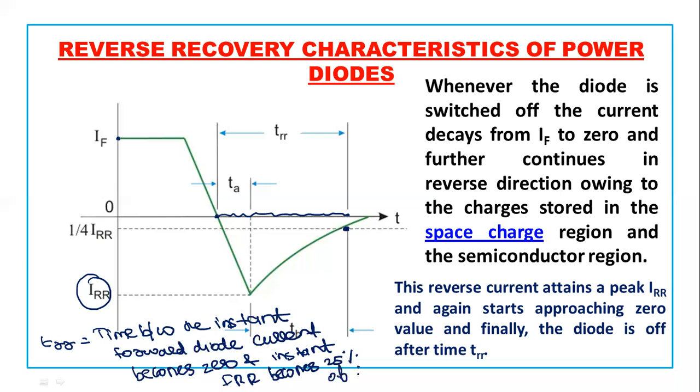So what is IRR? IRR is the reverse recovery current. So from the maximum, how it gets reduced to 25%, that time is called TRR, that is the reverse recovery time. I have written it in the next slide, but still explaining here is good.